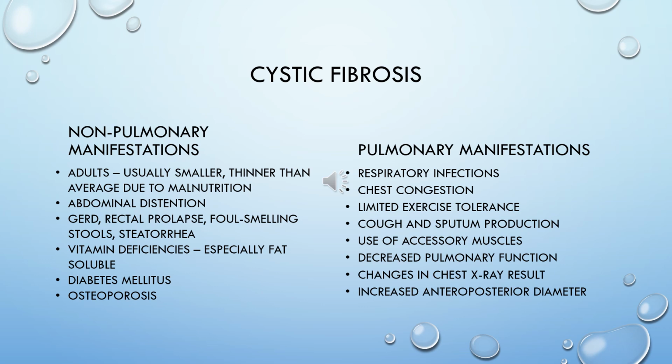When you think back to when I talked about the assessment piece, you may see them showing some retractions. You may see them really sucking in around the diaphragm area, trying to get their breath. On pulmonary function tests, you'll see a lot of decreased function in them, as well as changes in the chest x-ray with increased anterior posterior diameters.